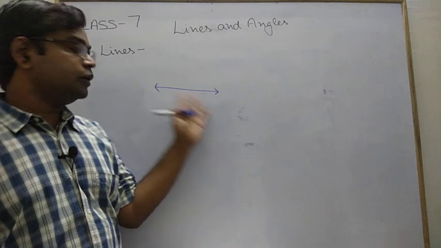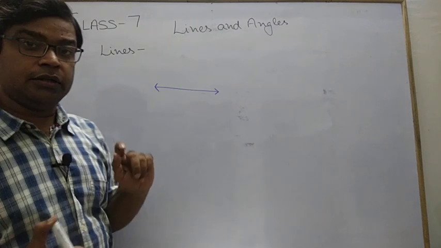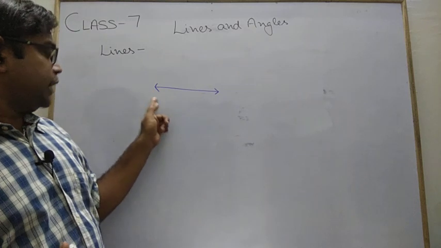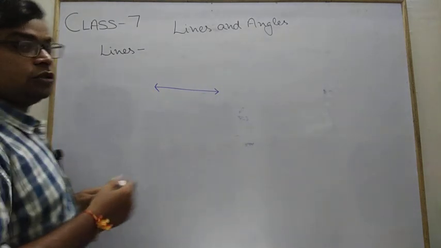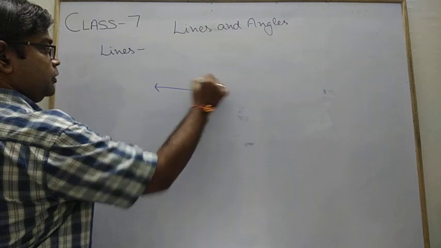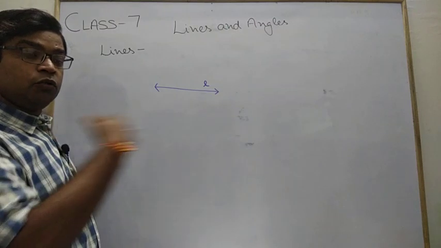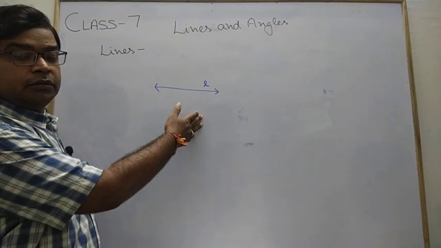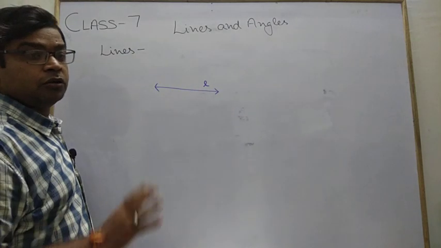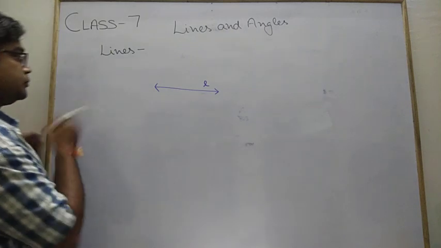This type of path is known as a line. In a line we have an arrowhead on both sides, and we use a small English letter to represent the line. Suppose small l is here, so small l represents this line. A line is open, you can't measure it, because it is always extending, with no stop or any fixed point.